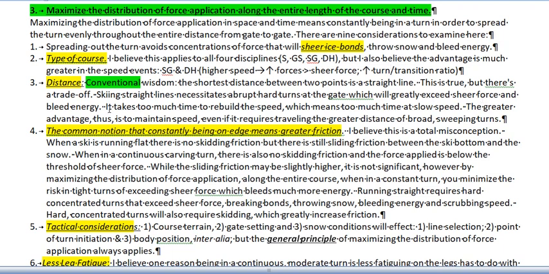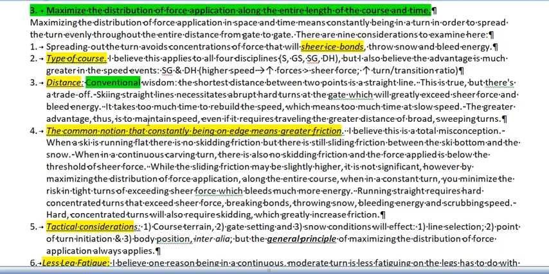You break ice bonds, you're going to have skidding friction, you'd be throwing a lot of snow. When you see that snow being thrown, that's just energy being wasted. It takes too much time to rebuild the speed after such a turn, right? Which means that you're running slow for a long time, and then your average speed is going to be slow.